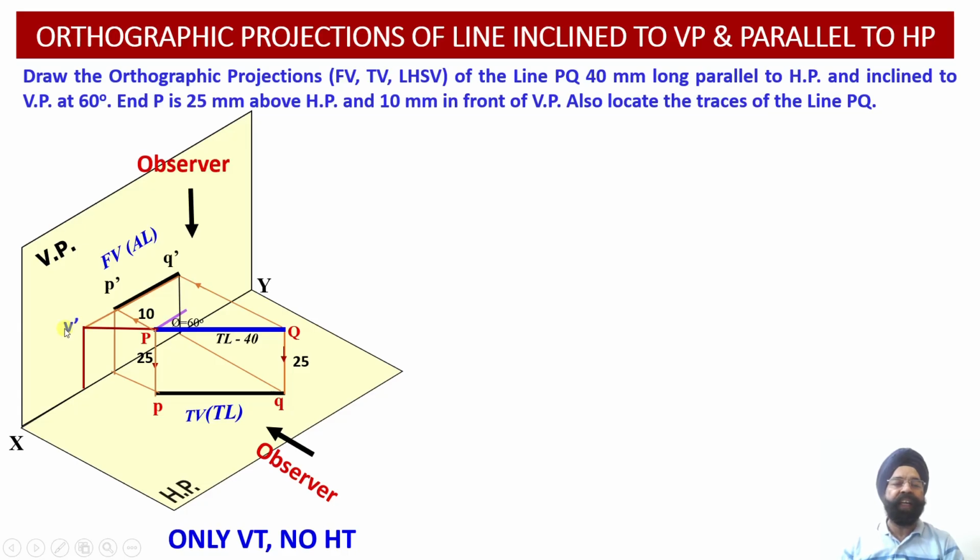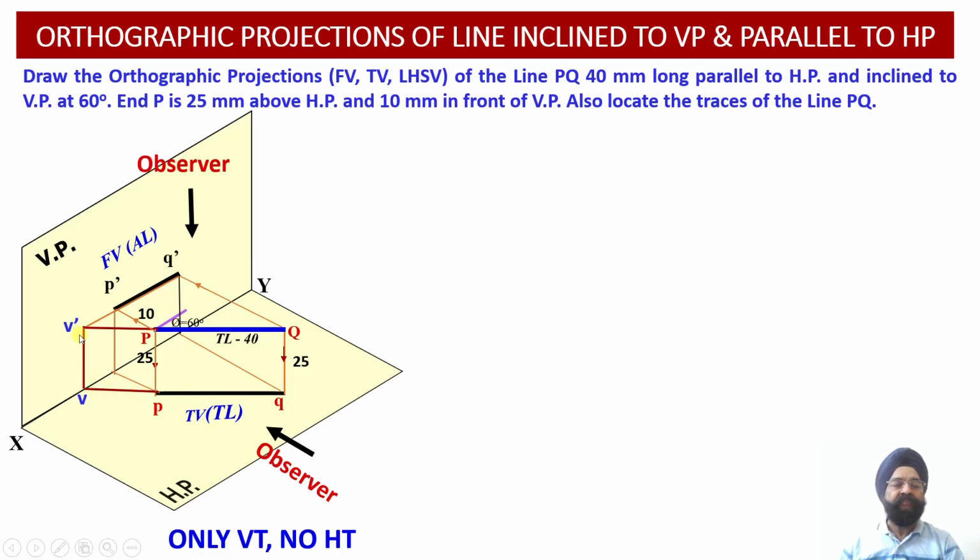And now what is the vertical trace? We are going to draw the vertical projector from this point of intersection of the line with the vertical plane, that is point V dash, onto the XY reference line. Once we drop a perpendicular from point V dash up to the XY reference line, point V will be obtained. This point V corresponds to the extension of the plan projection line when it meets the XY reference line.